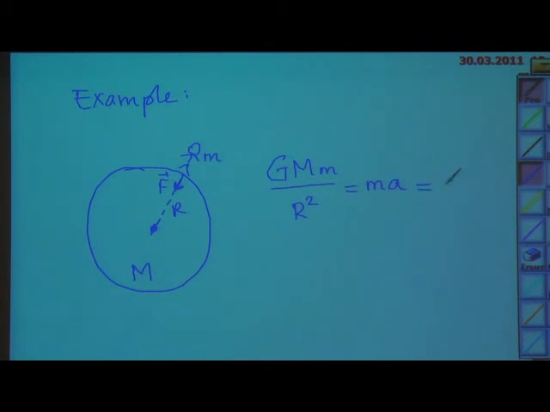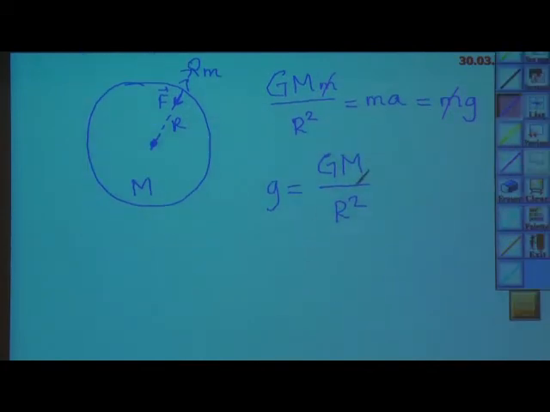And for this particular case here on Earth, we call it m times g, where g is the gravitational acceleration. Now when you take the first and the last term here into account, again little m's would cancel, and you can determine that the gravitational acceleration here on Earth is just G M over r squared.